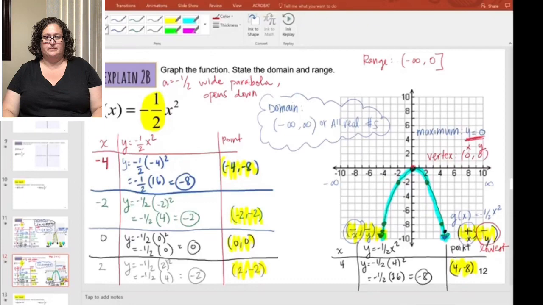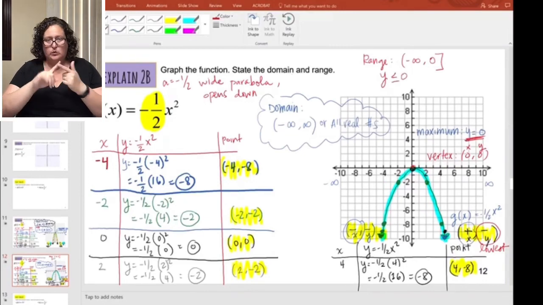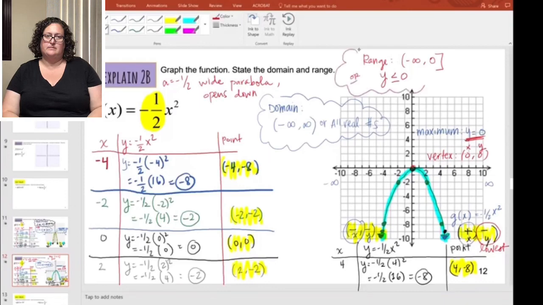Bracket on 0 because 0 is included in the graph. Another way to write negative infinity comma 0 is by stating that all the y values are less than or equal to 0. And that's how you find the domain and range given a graph.